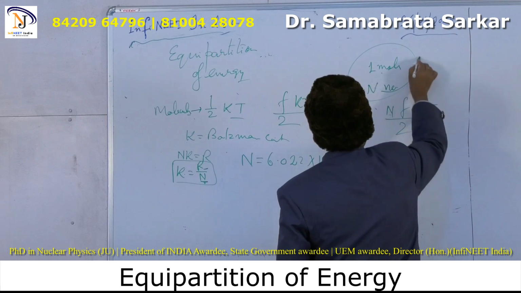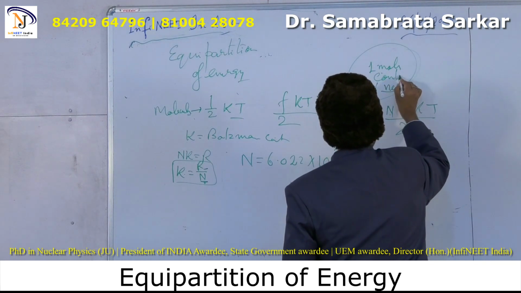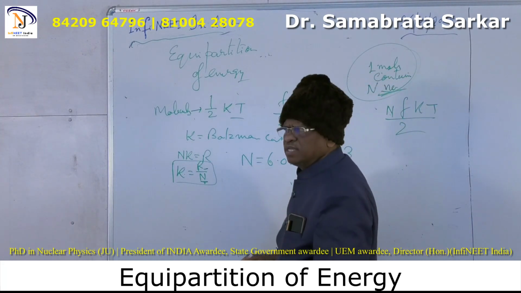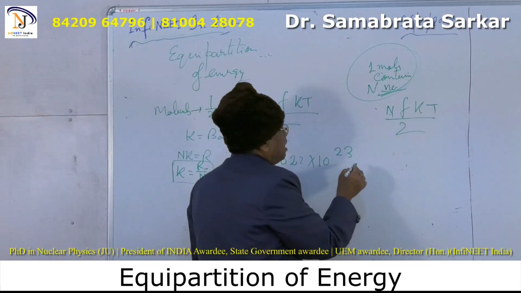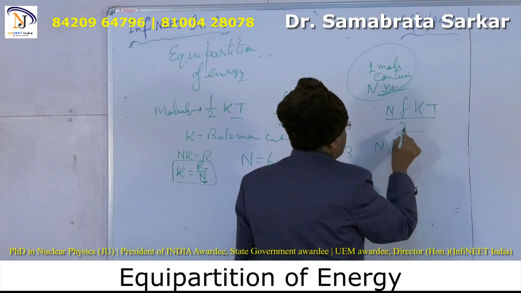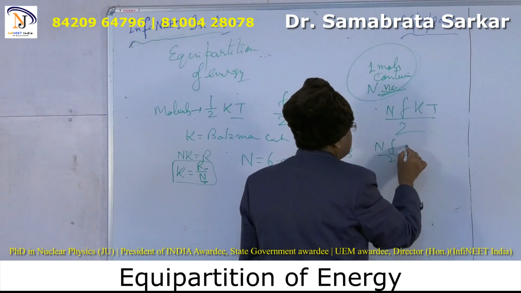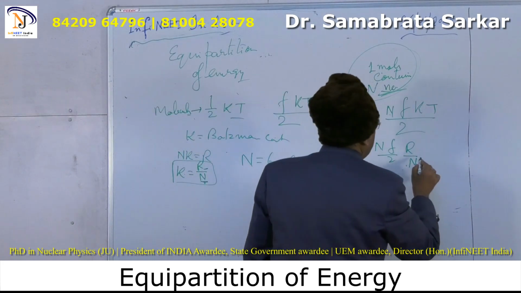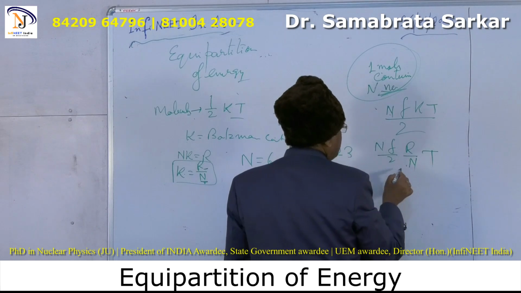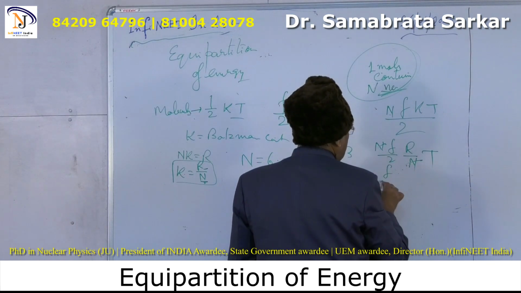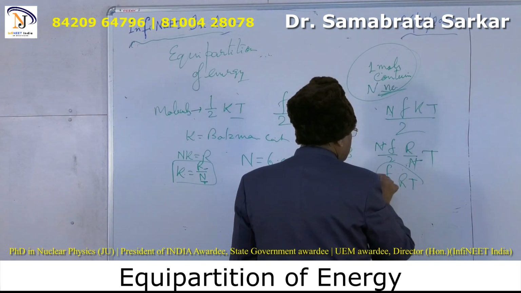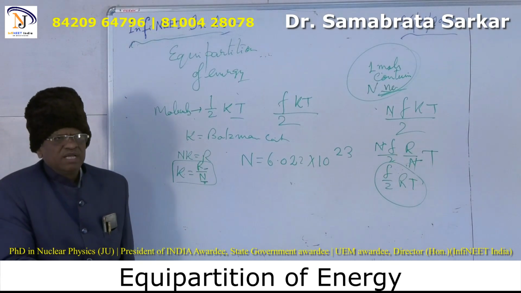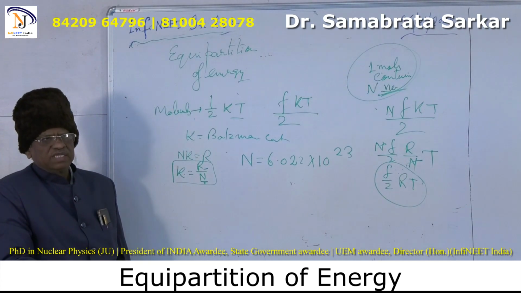That is, 1 mole contains N molecules, so N is the total. And k means R by N, into T. You can cancel it. So f by 2 into RT is the total energy for 1 mole of gas.